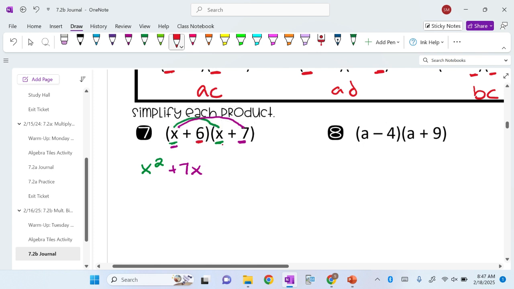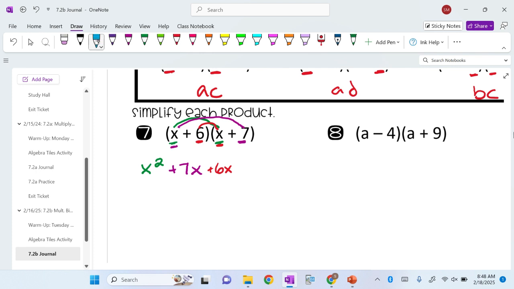So the 6 and the x. I'm going to multiply those two together. What's 6 times x? Think algebra tiles. If you had 6 ones and a singular x, you would end up with 6x bars.